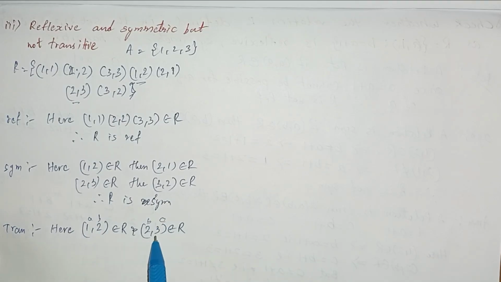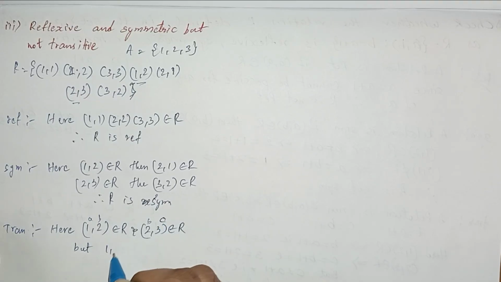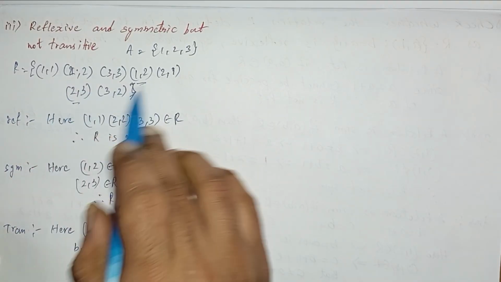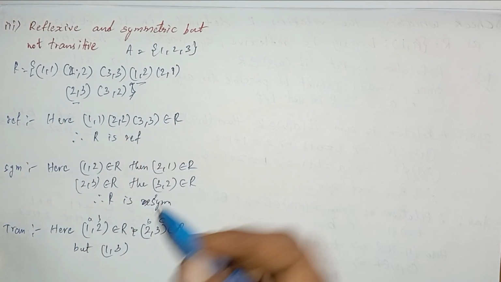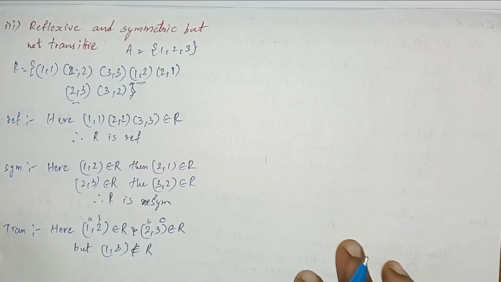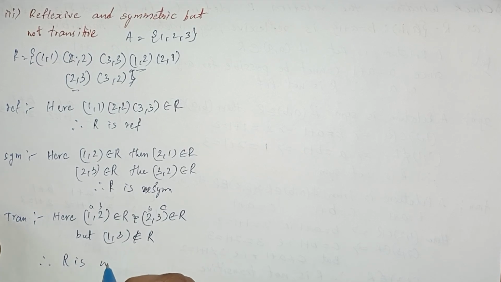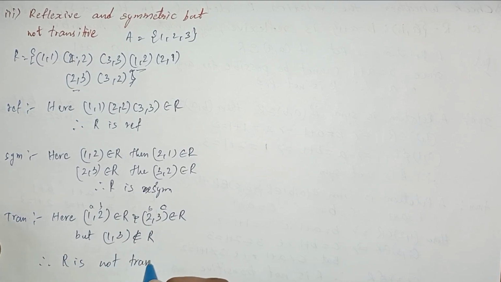Then (A,C) should be (1,3). Do we have (1,3)? No, we don't have (1,3). So (1,3) does not belong to R. Therefore R is not transitive.